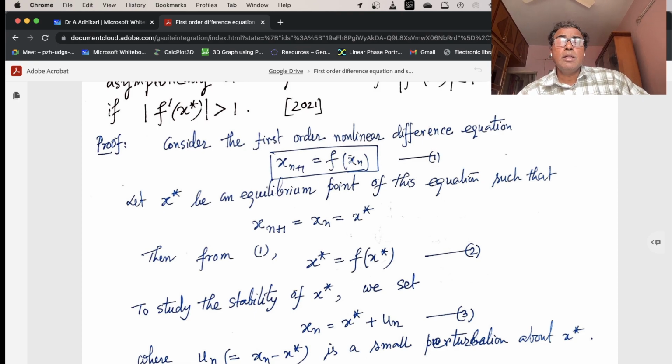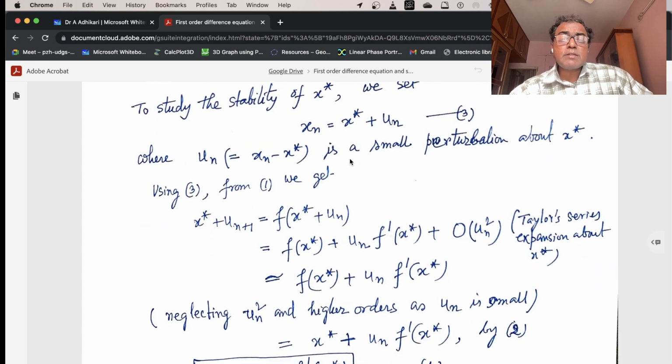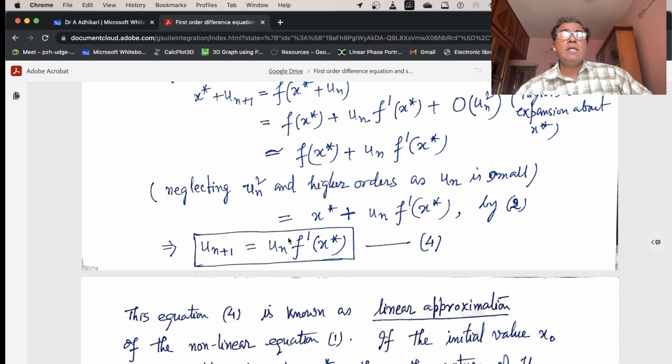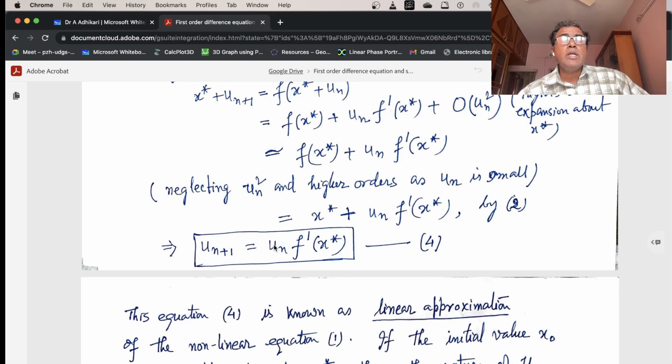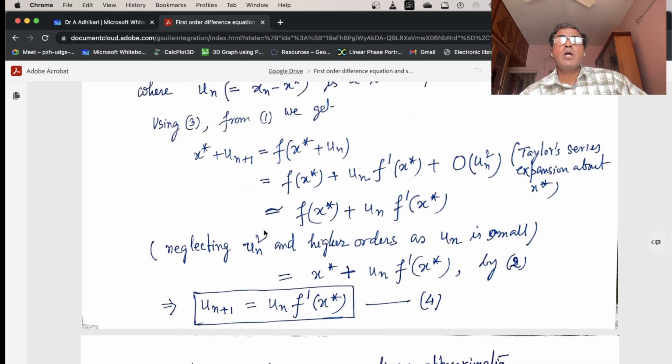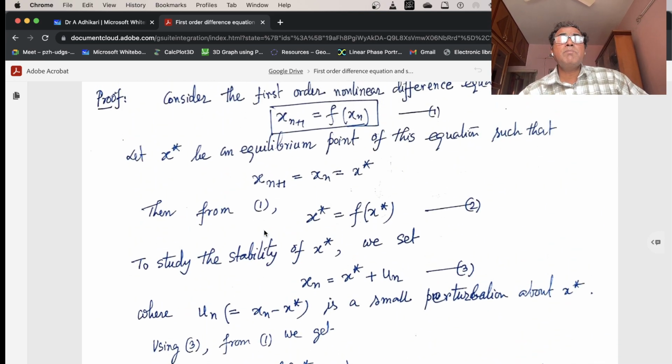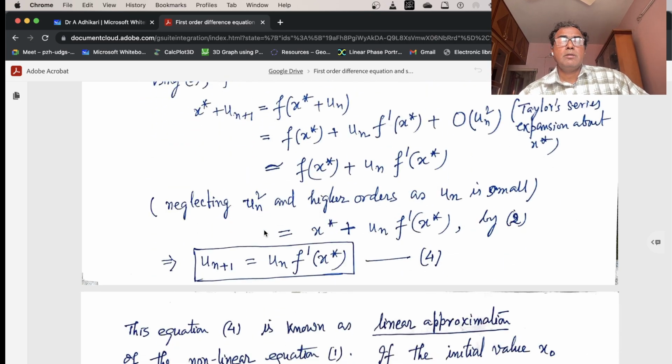In expression 4, the power of u_n is 1 and the power of u_{n+1} is 1, and f dash x star is a fixed value, so this is a linear equation. So this is the linear approximation of the nonlinear first order difference equation x_{n+1} equal to f of x_n.